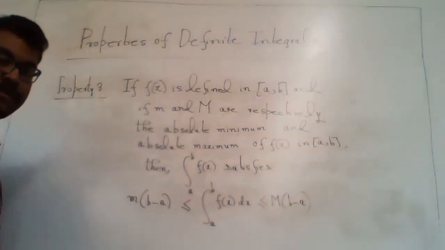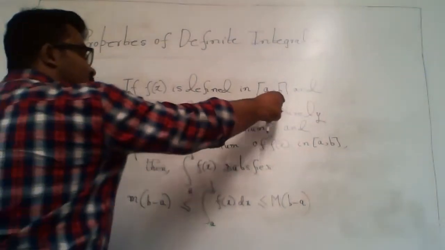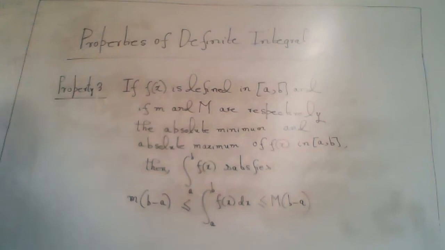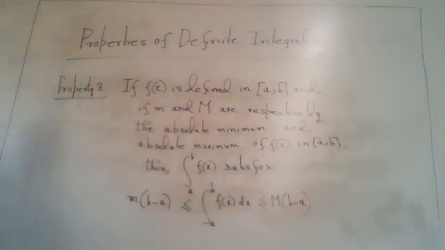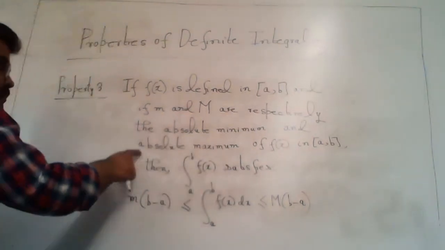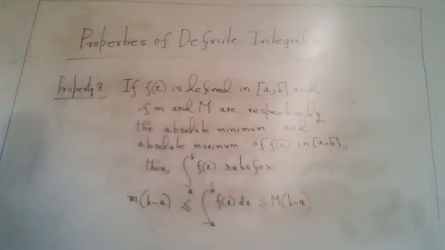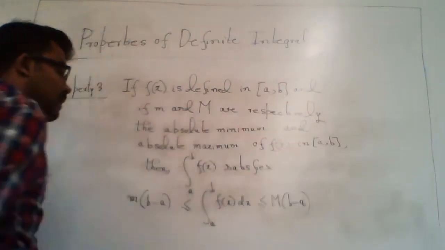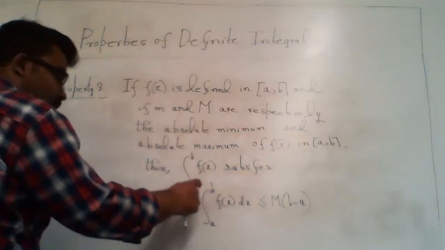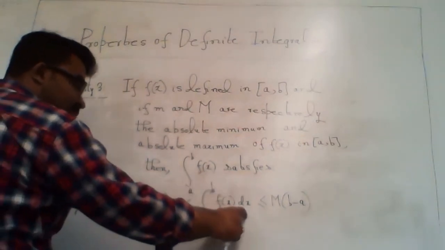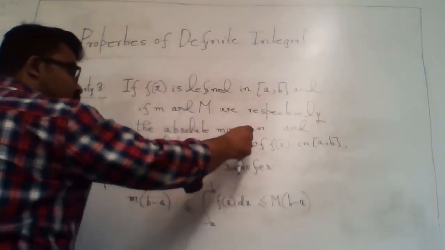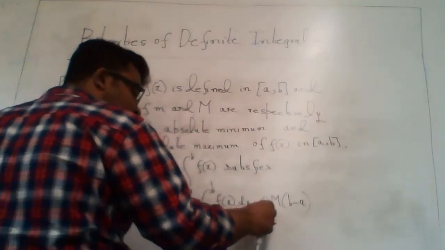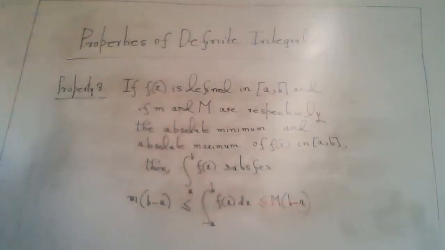If I have a function which is defined in the interval [a, b], and if I know that small m and capital M are respectively the absolute minimum and the absolute maximum of the function f(x) in this interval, then I can write down that this integral will satisfy this inequality: its value will lie between that absolute minimum times (b minus a) and the absolute maximum times (b minus a).